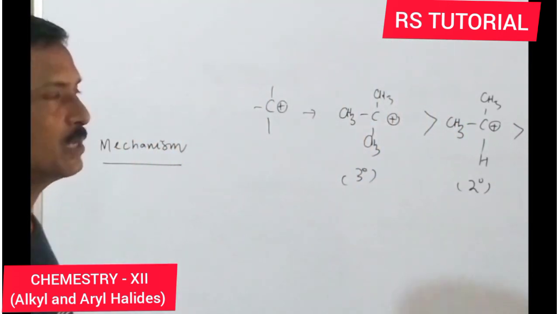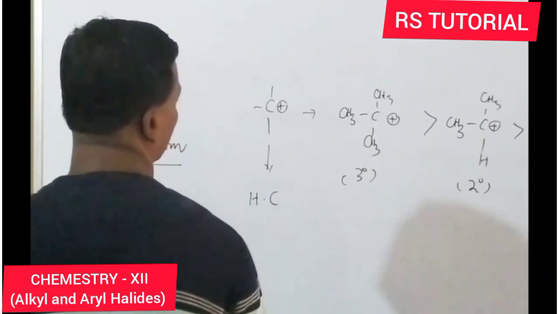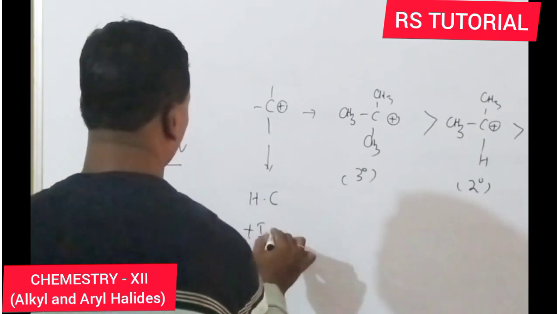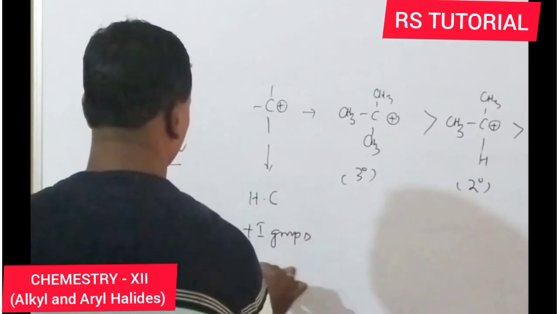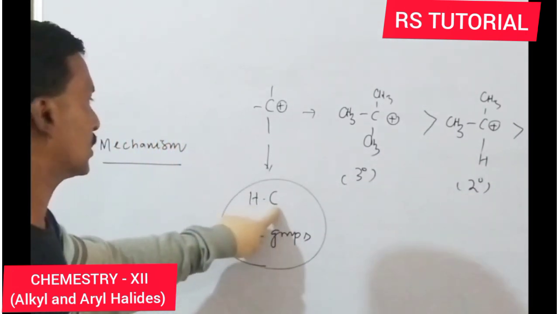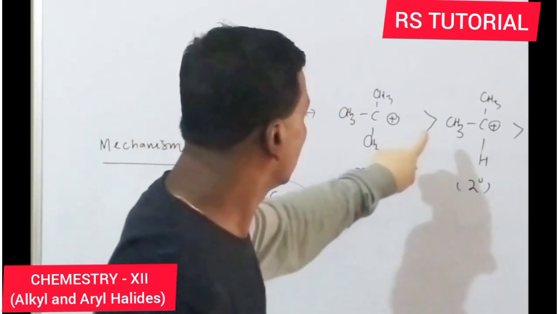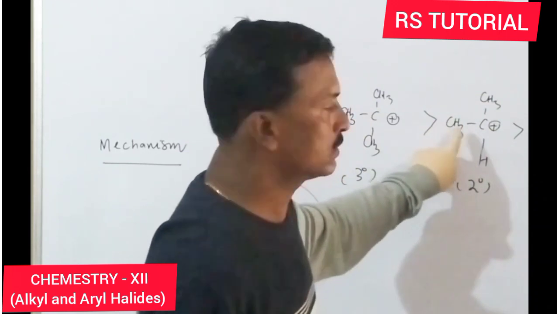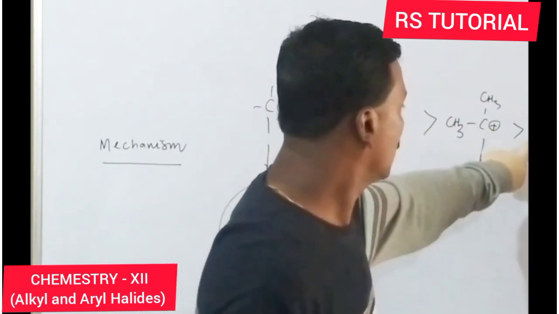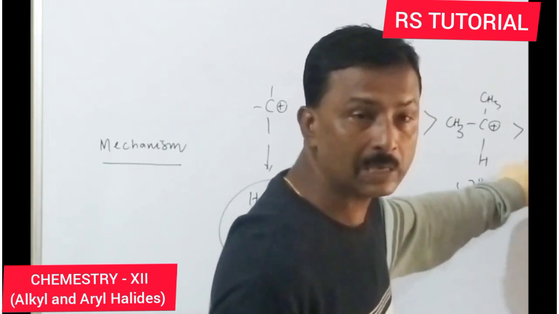The carbocation stability is directly proportional to hyperconjugated structures and the number of alkyl groups. Okay. Briefly, I will tell hyperconjugation. Here 9 alpha hydrogens, 9 hyperconjugated structures; 6 alpha hydrogens, 6 hyperconjugated structures; 3 alpha hydrogens, 3 hyperconjugated structures.